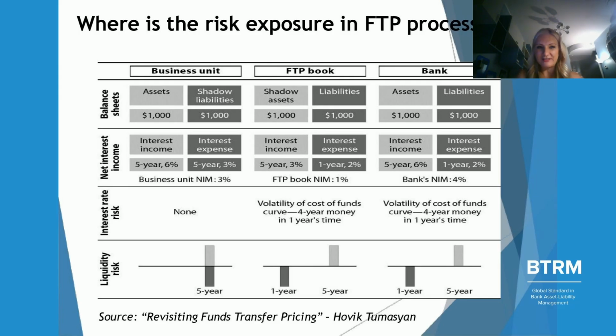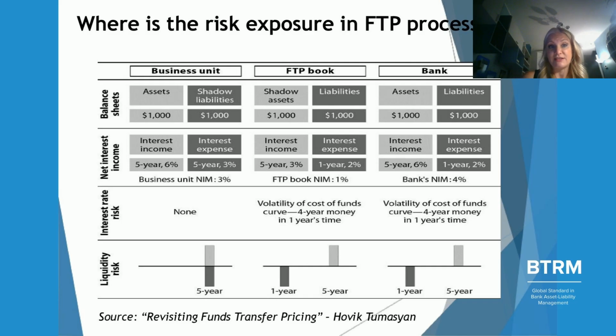How we identify that the 5-year FTP is 3% is another story, because we will be constructing the FTP curve, which is the benchmark that provides you with the FTP rate by tenor. And then we get this marginality concept, which is embedded in the maturity-matched FTP or the central unit FTP. It is not always the case, but marginality is the concept we want to operate when having a robust, good, transparent FTP process.